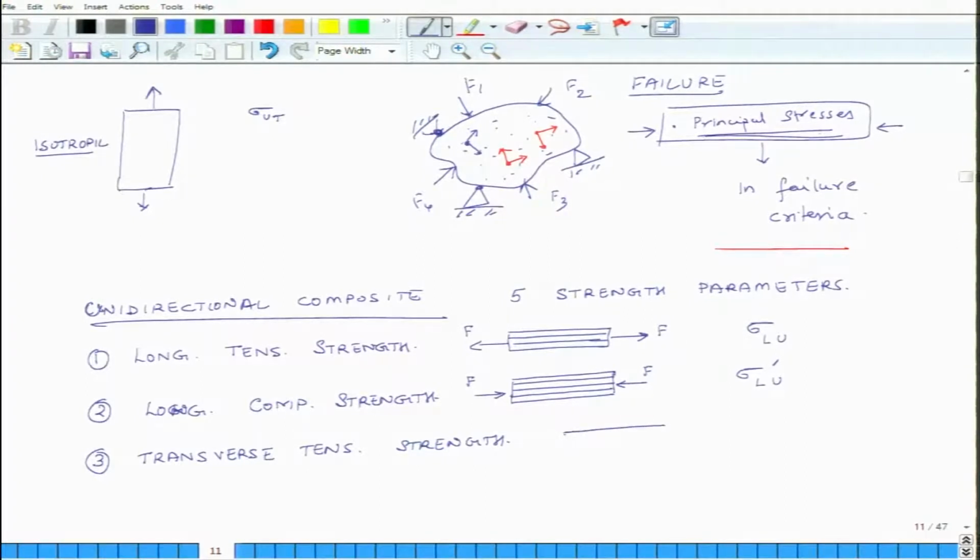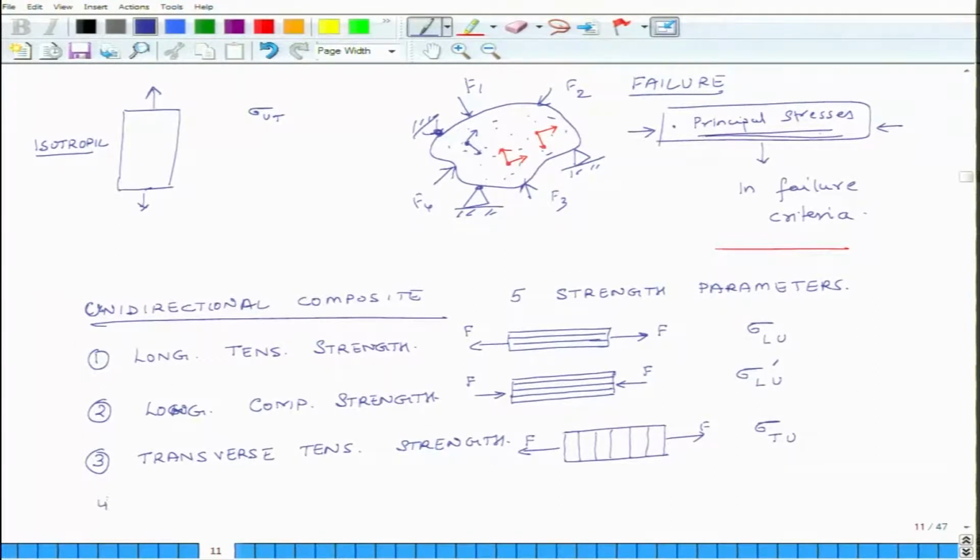We have a sample, and here we pull it in tension, in the transverse direction. So, these are the fibers, and the fibers are oriented like this, and this strength is called sigma T U, ultimate tensile strength.